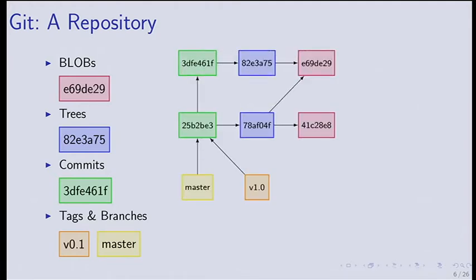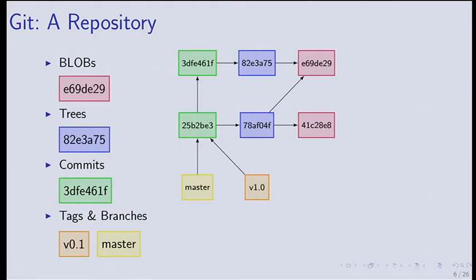This is how a Git repository looks like, the tree of a Git repository. First we have master, the branch, which is a reference to some commit. This commit has a reference to a tree and to its parent, and the tree has references to blobs.